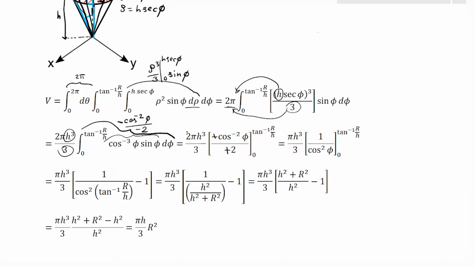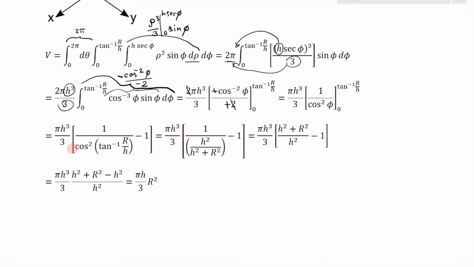Next thing that happens is this cancels. We have pi h cubed over 3. I wrote cosine squared in the denominator. Then I evaluated at the endpoints: 1 over cosine of that crazy thing minus 1 over cosine of 0.